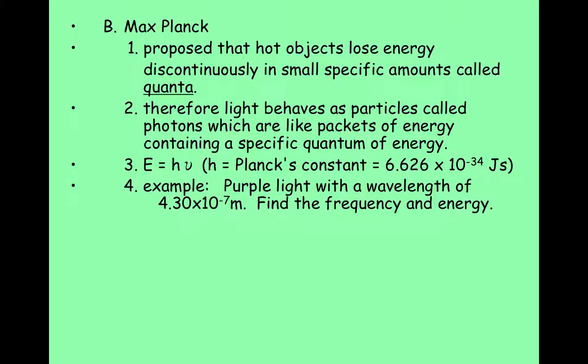Max Planck did some other work here. He also proposed that hot objects lose energy discontinuously in small specific amounts called quanta. So we think that something hot cools down continuously, but Planck says, no, that's not what happens. They discontinuously lose heat.